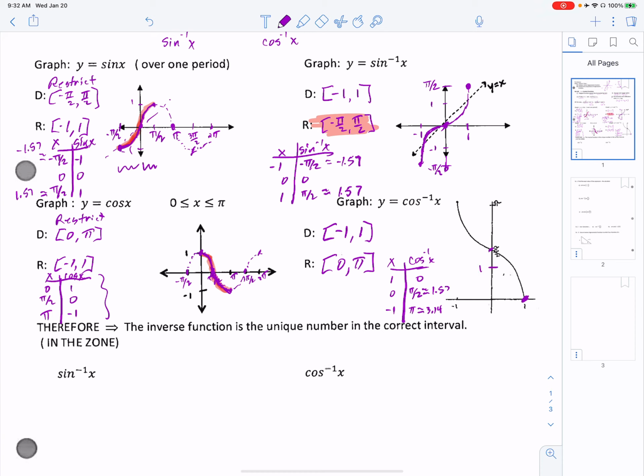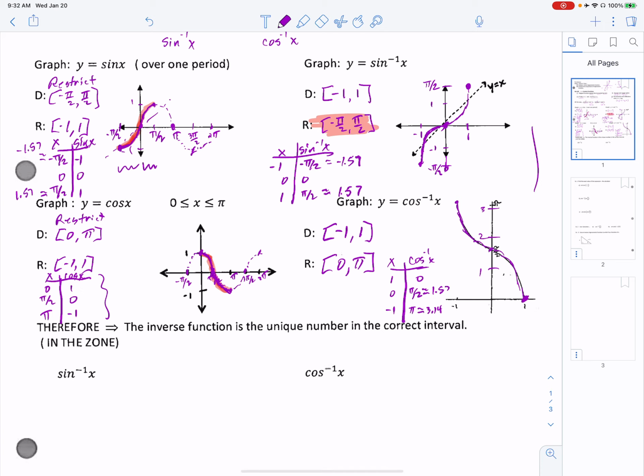So 1's about here and maybe a little bit lower. 1's about here, 2's about here, and then 3's just slightly below the pi. And then -1, 3.14 is up here. And watch the concavity on that because you need to get that concavity correct. So that shape has to be correct.